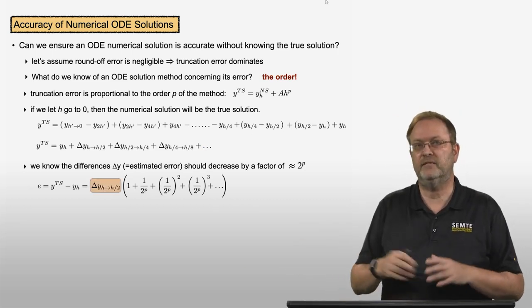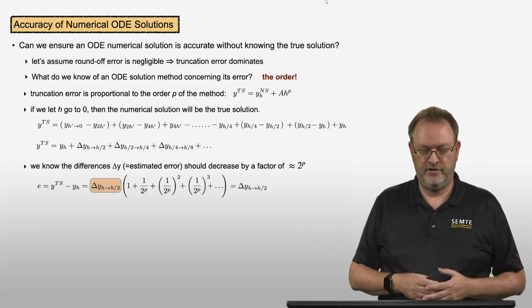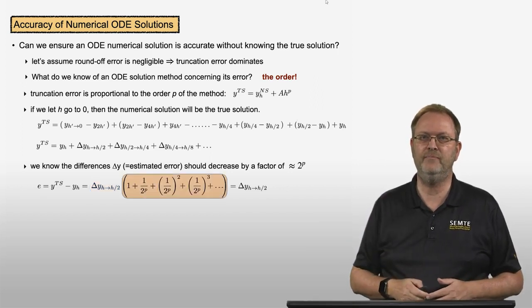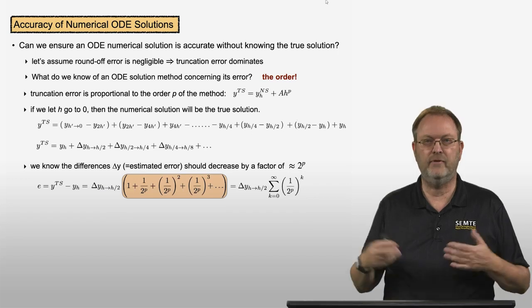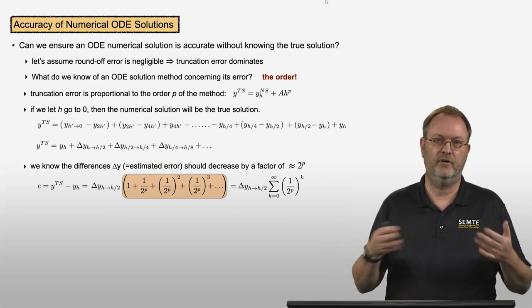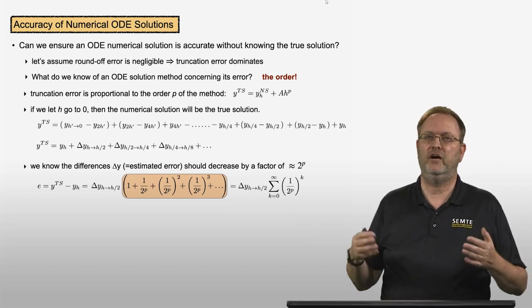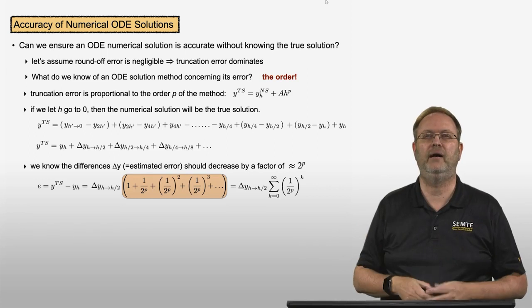So let me write this a little bit more compact. I have this change in the simulation results going from step size h to h over 2 times, well, I have these infinitely many terms here that I can write as the sum from k equal to 0 to infinity of 1 divided by 2 to the power p, the entire thing to the power k.